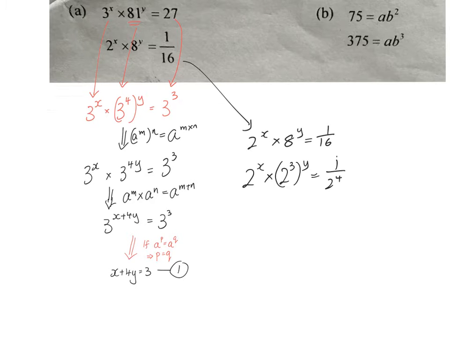And 2 to the power of 4, similarly, using the fact that 1 over a to the power of p is the same as a to the power negative p, this will give me 2 to the power negative 4.